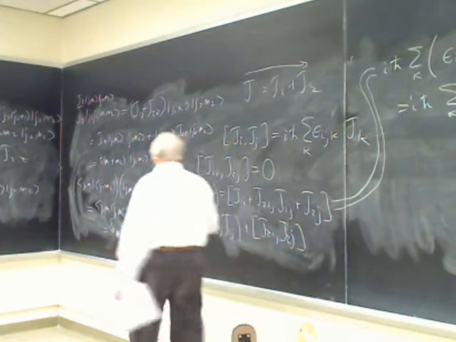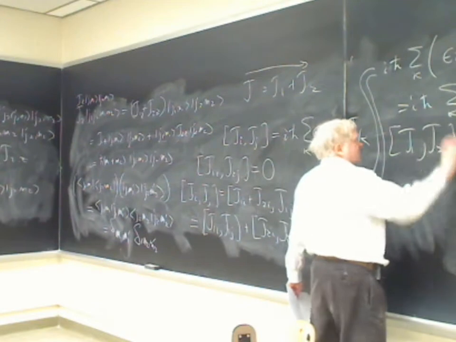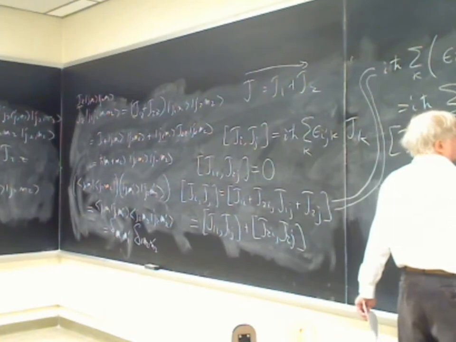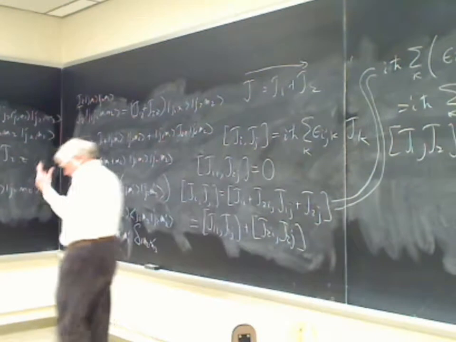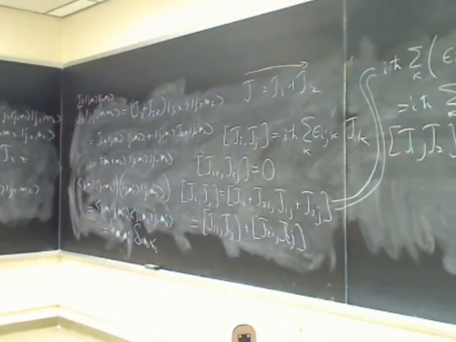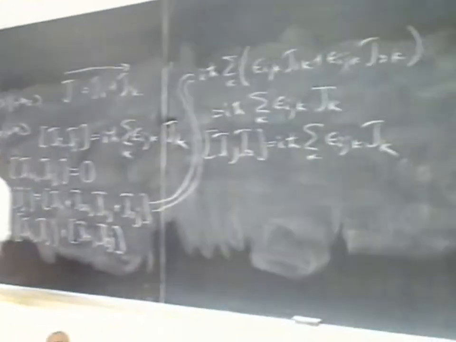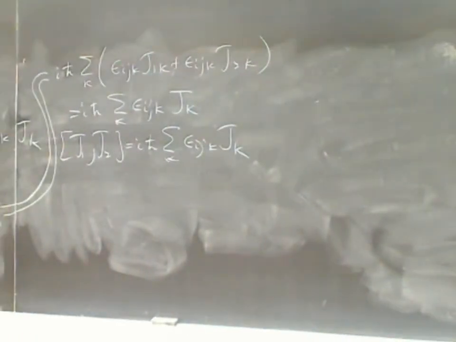So indeed, we have that the commutator of Ji, Jj is I H bar sum on K, epsilon I J K, JK. So the sum J1 plus J2 gives us 3 operators that are angular momentum. They satisfy the commutation relations that we used a week ago or so to derive all those properties of angular momentum.